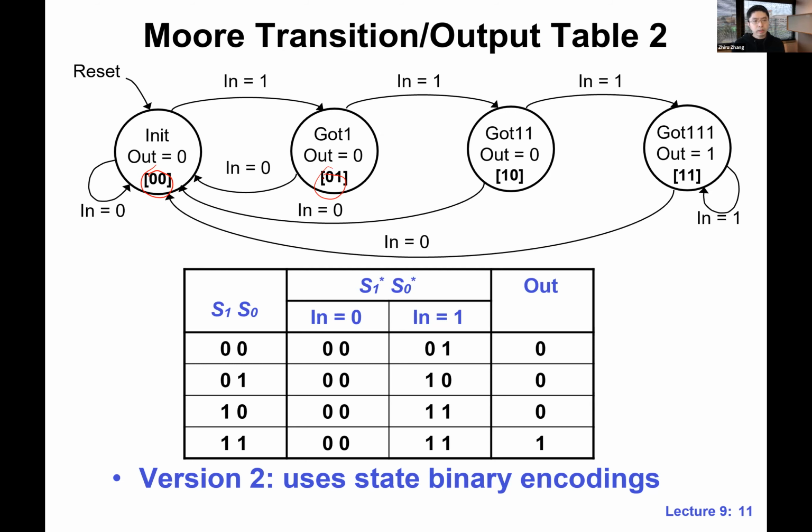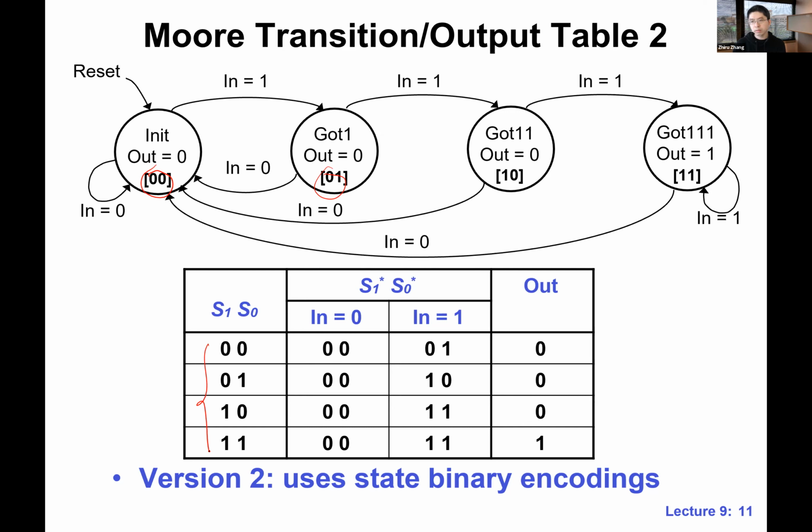All right, one thing I want to note is that this is just one way to encode. There are many different ways to encode. It's totally okay to assign 1 1 to init and 1 0 to GAL1. We can totally reverse it. That's also a legal encoding.